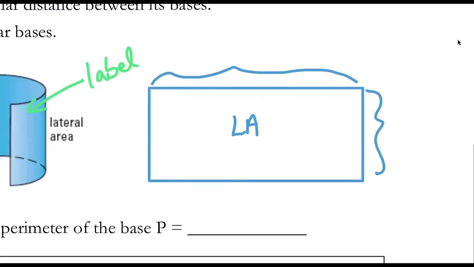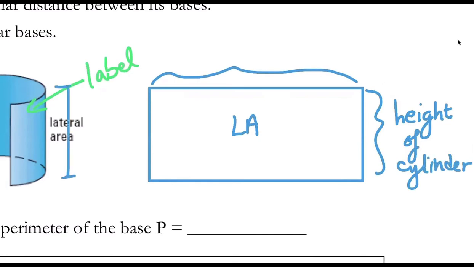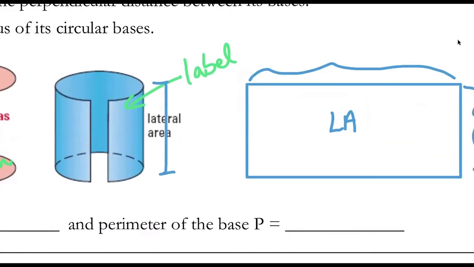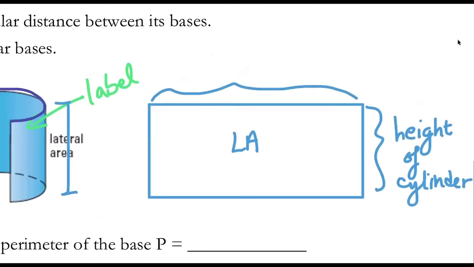So this would be the height of the cylinder, because it's just how tall the cylinder is. And then the other dimension would be the distance around the circle. So that would be the circumference of the circular base.